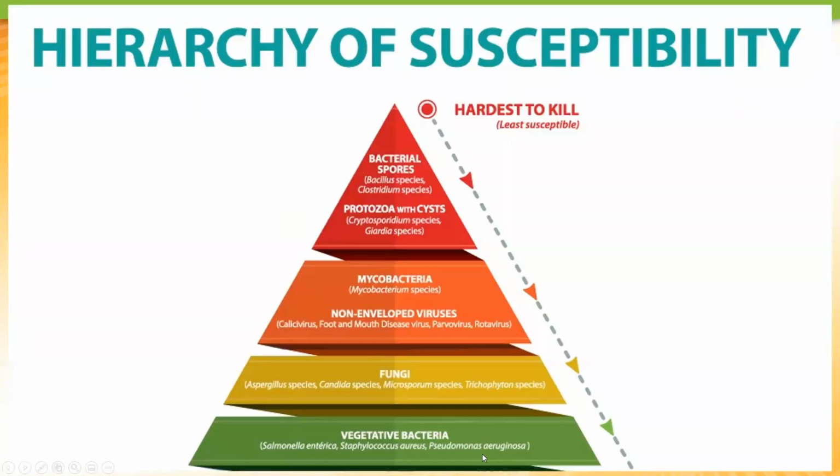And then you have vegetative bacteria, fungi, mycobacteria, and the hardest to kill is either protozoa or bacterial spores. So luckily, at the very bottom of this pyramid are the actual viruses, and they're more susceptible to destruction.